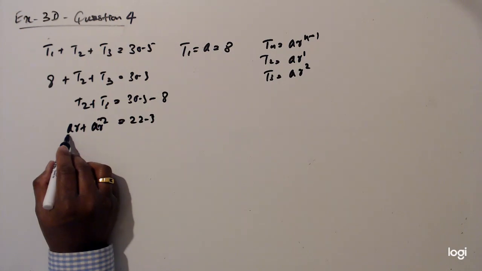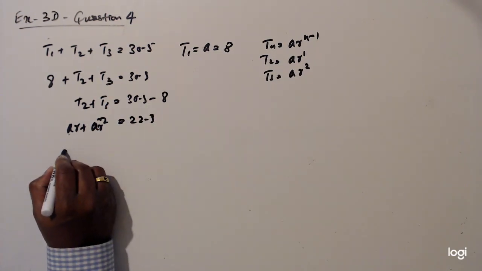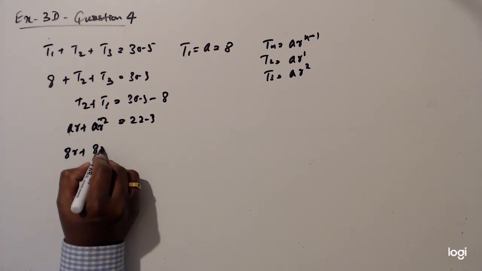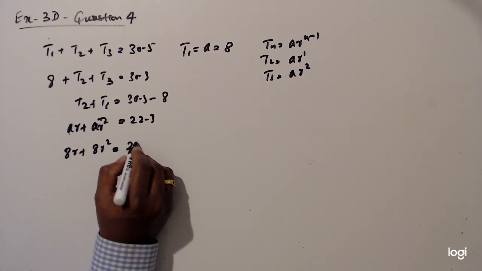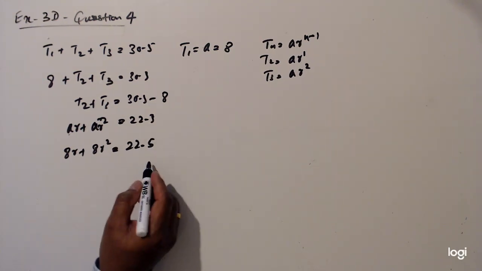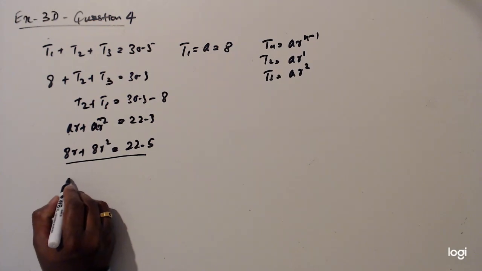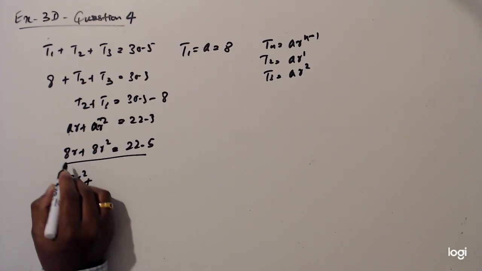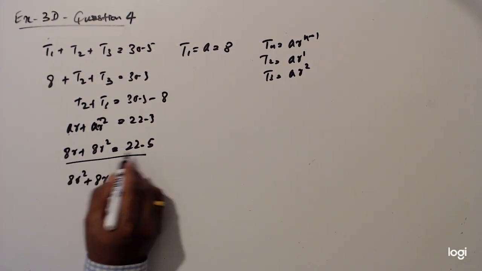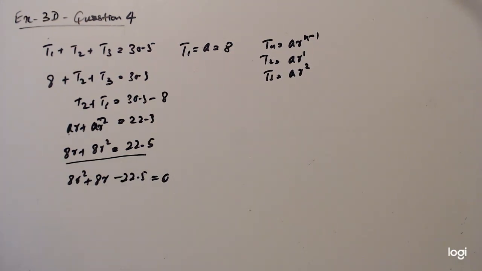I can see that A is 8 now. So 8R plus 8R squared equals 22.5, and so I can see this is a quadratic equation. 8R squared plus 8R, I'll bring to the left side, minus 22.5 equals 0.